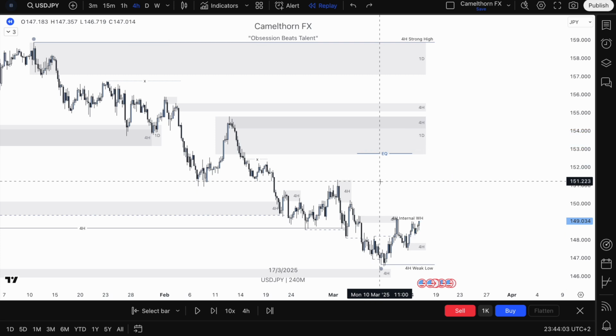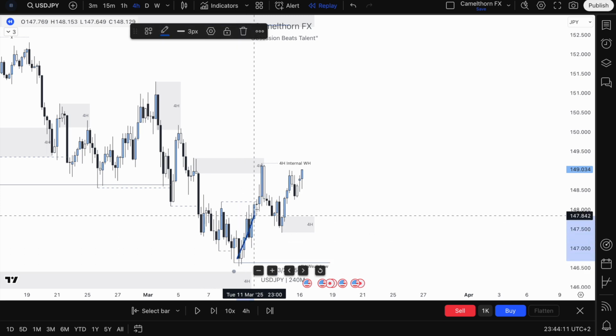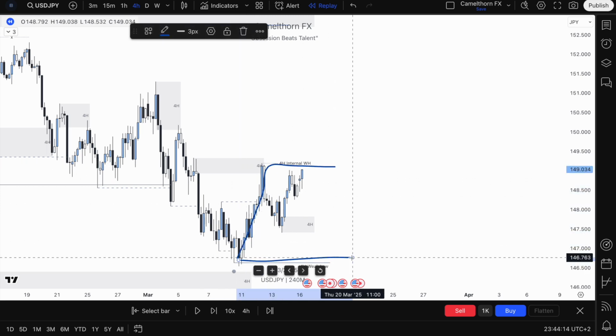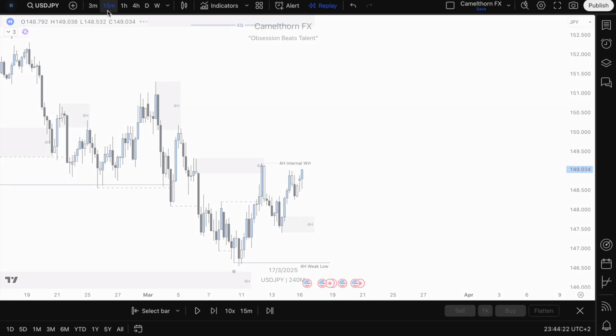And it is that short to medium term bullish directional bias which I then used to look for potential buying opportunities on my internal structure time frame, i.e. my 15-minute time frame.